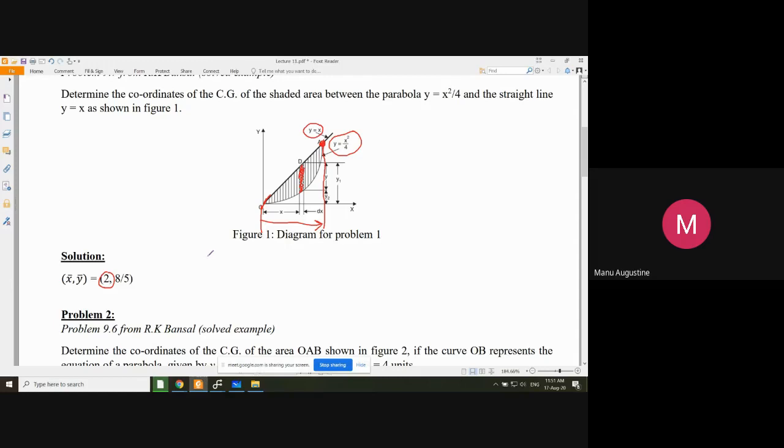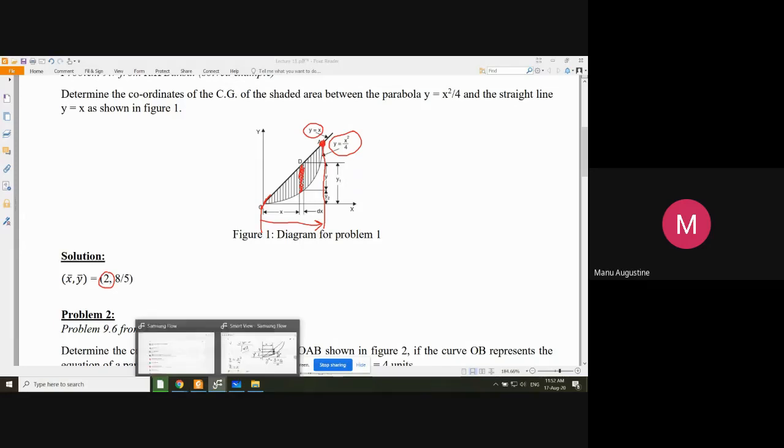Y star is the location of the centroid of your area from the x-axis. And since y star must be located at the center of this rectangle, which has its upper limit as y2 and lower limit as y1, then can I say that this y star is nothing but the average of y1 and y2? Can I say that or not?